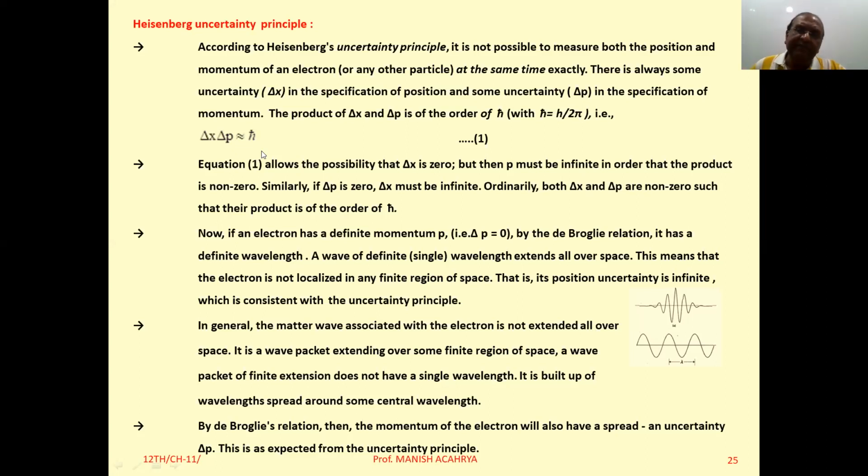Similarly, if we take delta x equal to h cut upon delta p, and substitute delta p equal to 0, meaning the uncertainty in momentum is 0 and momentum is finite, then the uncertainty in the position becomes infinite. So simultaneously, the position and momentum cannot be measured for the particle.